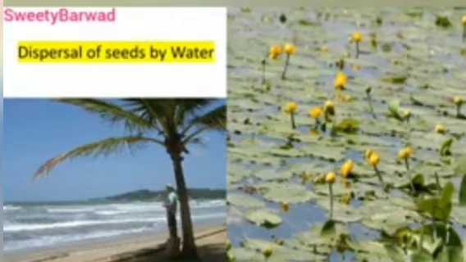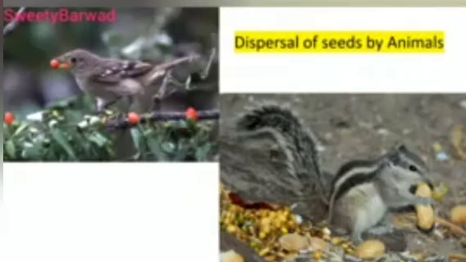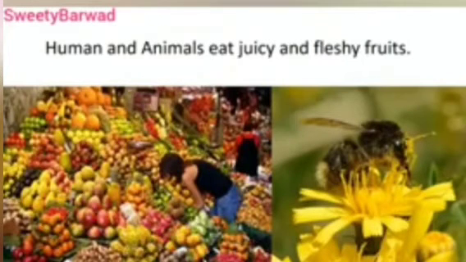These special parts enable the lotus fruit and the coconut to float on water. So, when a coconut falls from a tree into water, it floats and travels to far off places. So, it means seeds are dispersed with the help of water also.